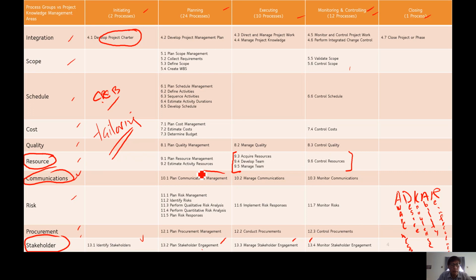We have to develop a communications management plan with the stakeholders we had already identified. Who are the stakeholders, especially the key decision makers? What are their needs and expectations? The communication technology to use, how frequent they want it to be, what kind of details we want to give them, all these parameters.